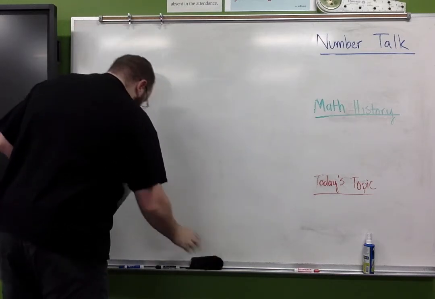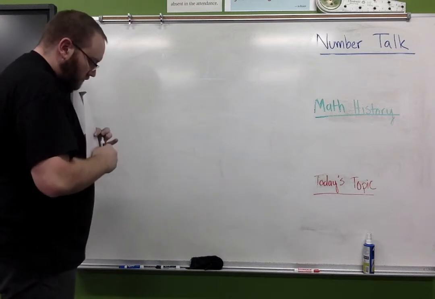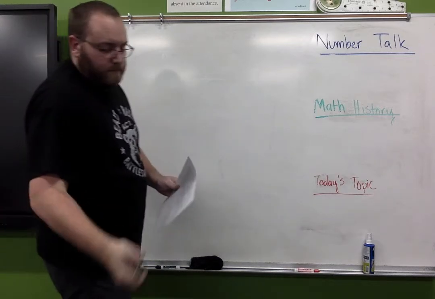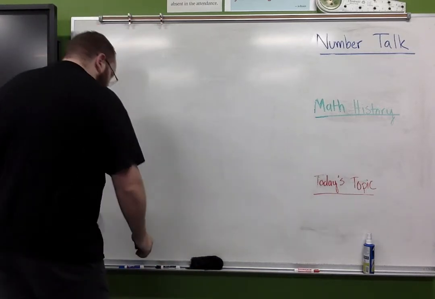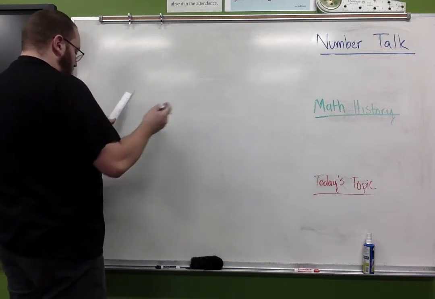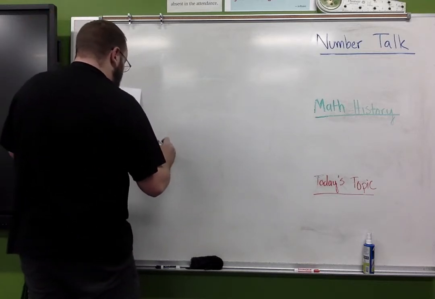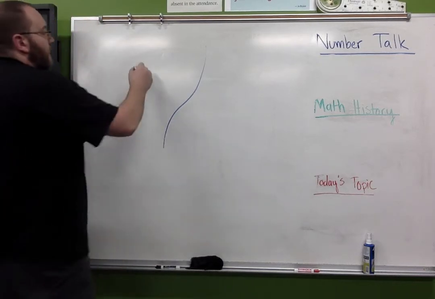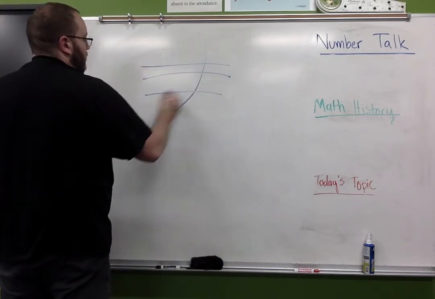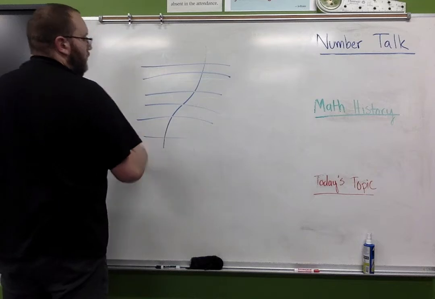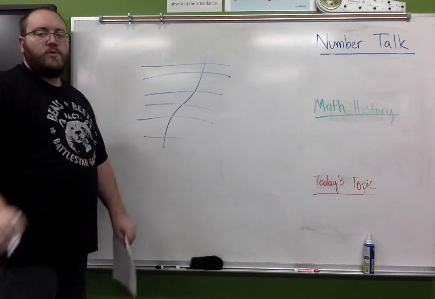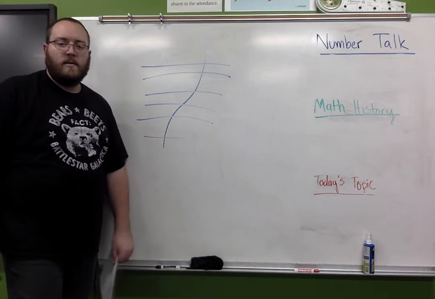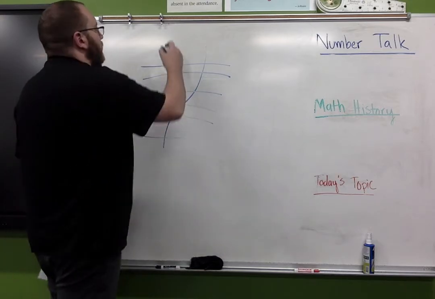Sorry, that green is kind of losing its ink, so I'm going to throw it away. The next one kind of looks like that. Horizontal line test. Nope, nowhere do I cross the graph twice, so it is one-to-one.